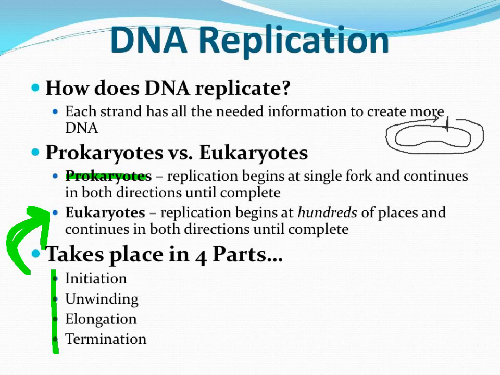Eukaryotes, let's say they have the same kind of circle. They don't, but let's pretend. It would start here, here, here, here, and hundreds of other places and go, because eukaryotes have much more DNA than a prokaryote. So eukaryotes have to start this replication in more than one place.